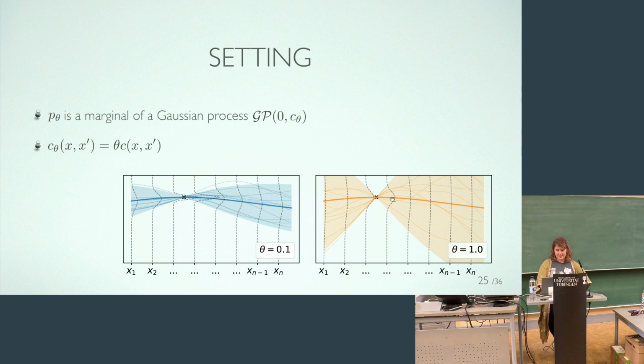This is a toy example of two identical Gaussian processes except for the value of the amplitude parameter, conditioned on the same point, and the amplitude going from 0.1 to 1 inflates these confidence regions greatly. So that's the reason that we care about the amplitude parameter being well estimated.